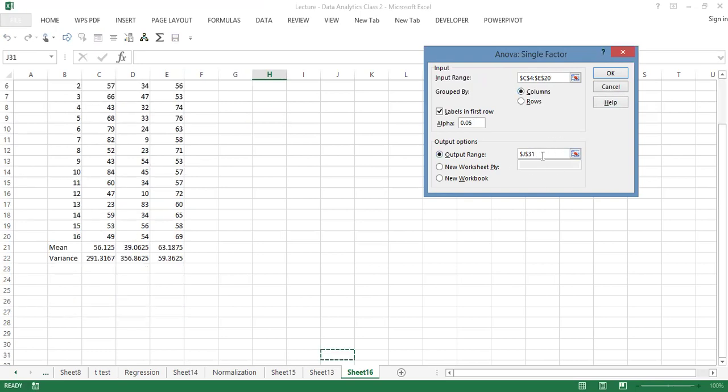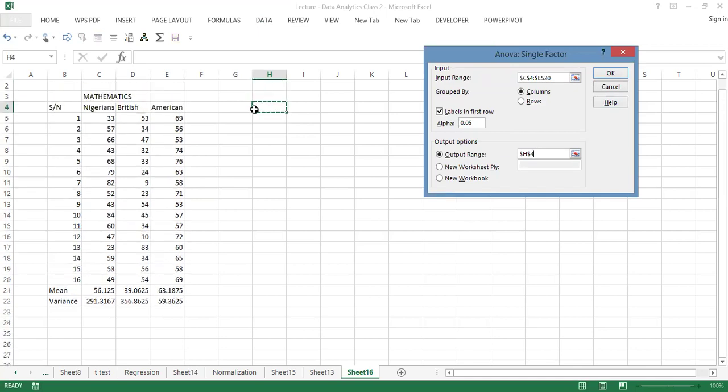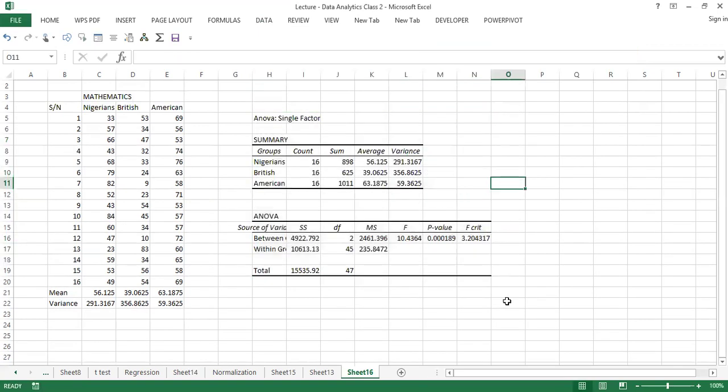Then the output range, so we want our result to be, let's start it from here. I think that's all. Click on OK. We are grouping this data by columns. Click on OK.